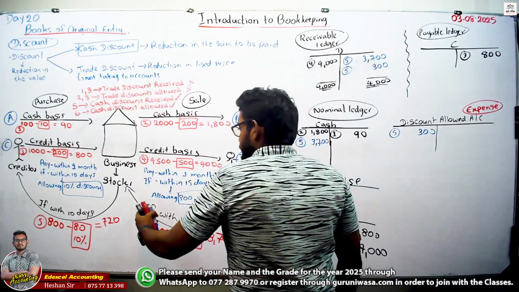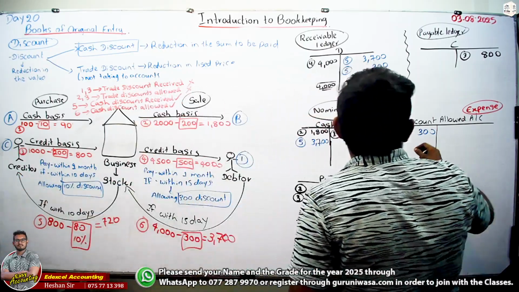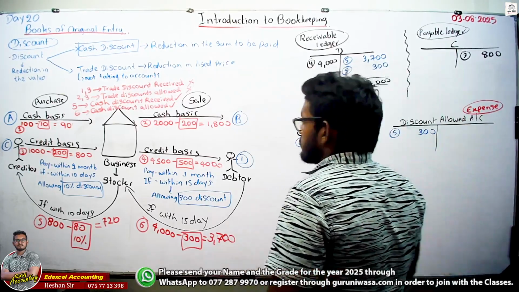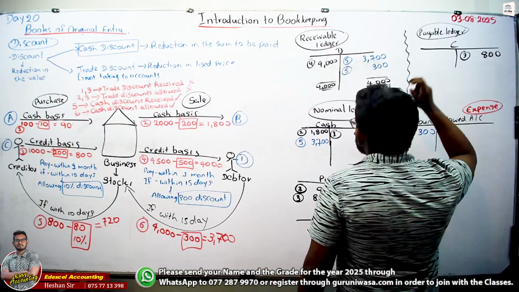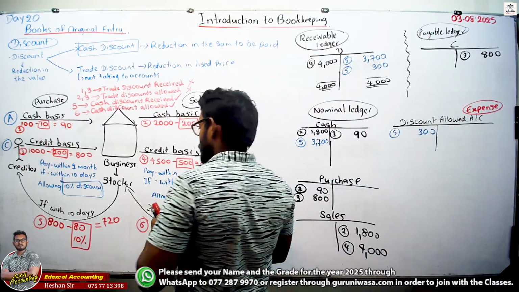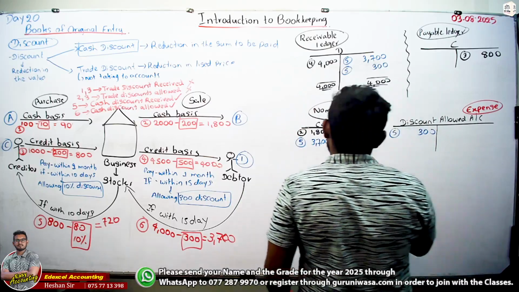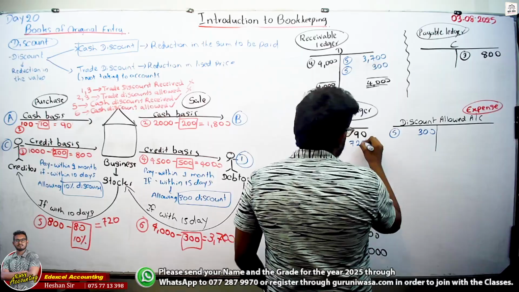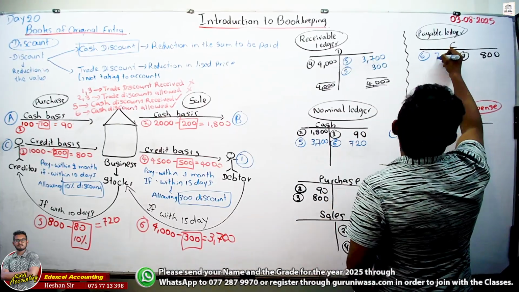But think, if I pay this supplier after 10 days, I want to pay the full amount, cash credit, supplier account debit 800, full amount. But I'm paying within 10 days, so I want to pay only 720. If so, my cash credit 720, this is debit 720.